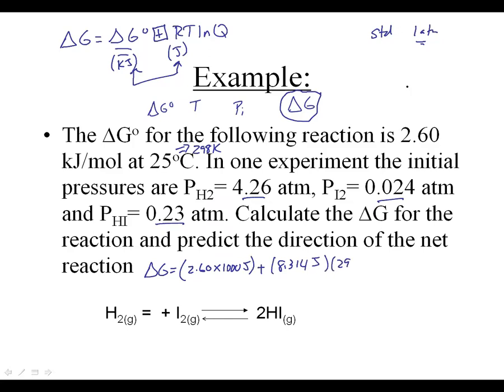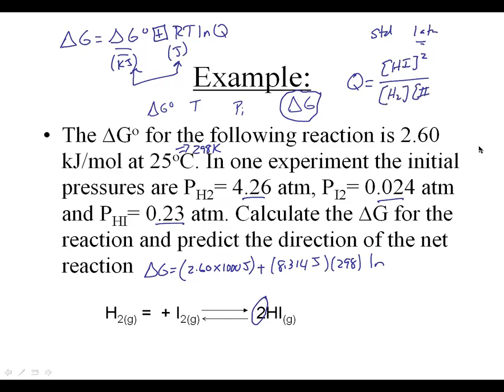Natural log, remember Q is products over reactants, so that would be our HI, squared because of the 2, divided by the concentrations of our H2 and our I2.